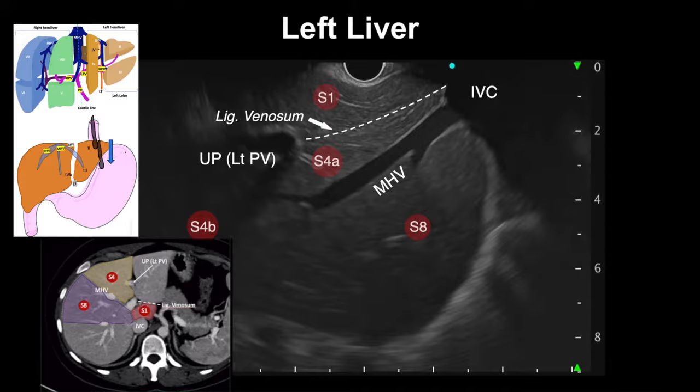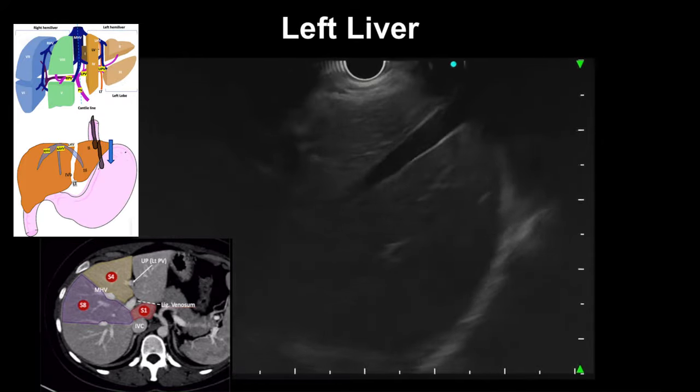From this position, the ligamentum venosum divides segment 1, closer to the transducer, from segment 4A, that is divided from segment 8 in the lower right part of the screen by the middle hepatic vein. Segment 4B can be seen below the umbilical portion of the left portal vein in the lower left part of the screen by following the middle hepatic vein, pushing the scope further into the stomach.